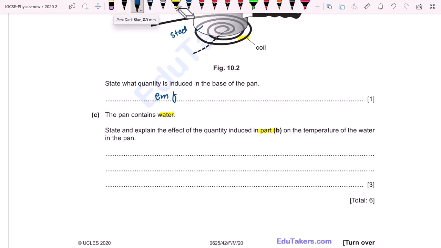So, when EMF is induced in the base, the current will start to flow, and there must be generation of thermal energy. Due to this thermal energy, the temperature increases. So we can simply write that temperature increased.